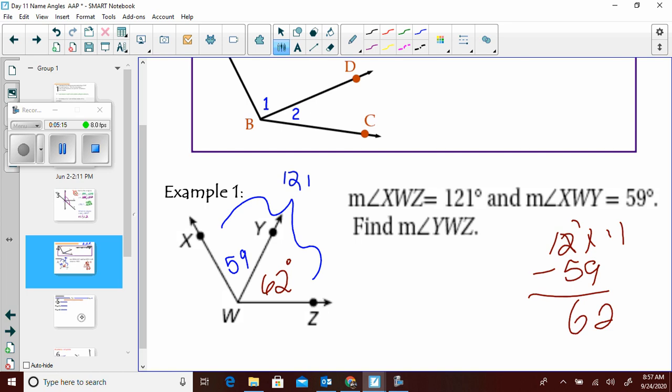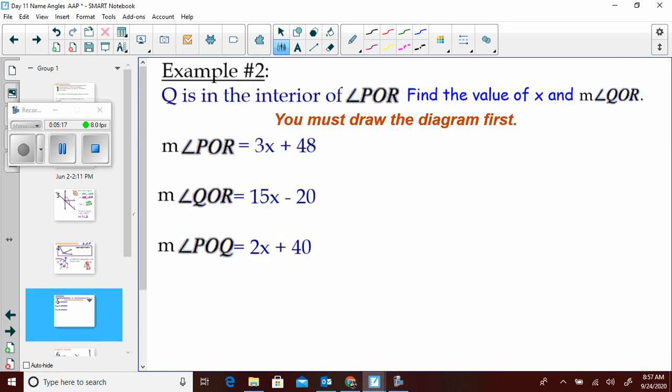Let's go to a more in-depth honors type problem. Now we are giving you a description of the angle, so we have to draw this first. Q is in the interior of angle POR. So don't worry about if it's obtuse, acute, whatever.